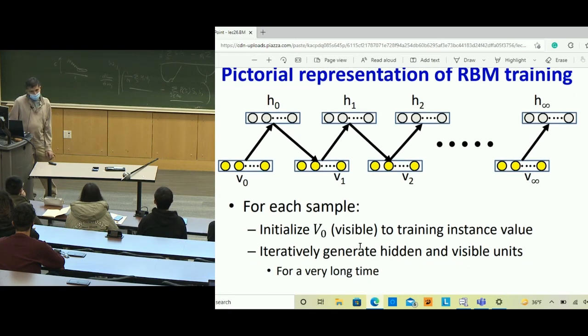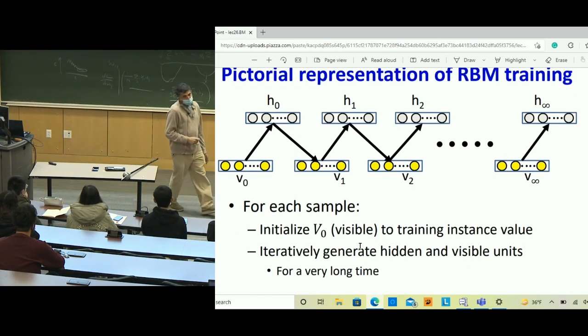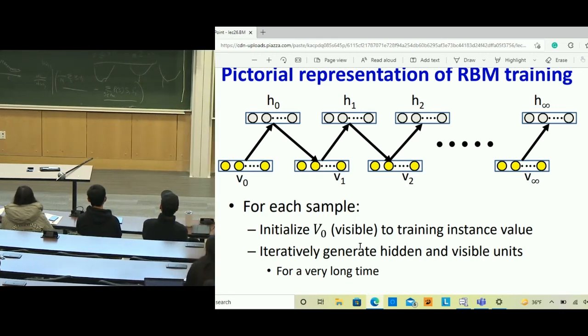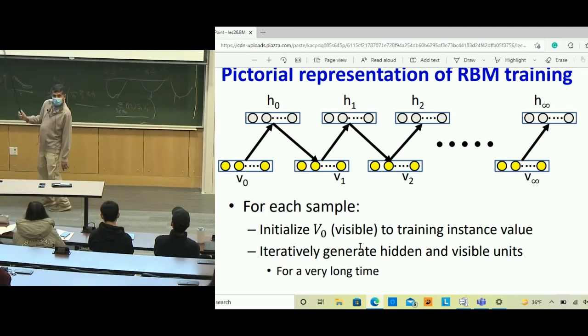I'm going to get the hidden visible bits, sample the hidden bits, fix the hidden bits, sample the visible bits. In principle, I should keep running this for a long time, right? And basically, I want to let this thing converge, right?